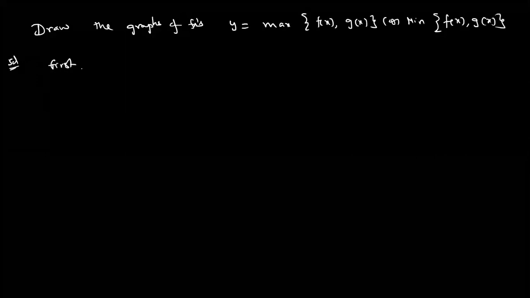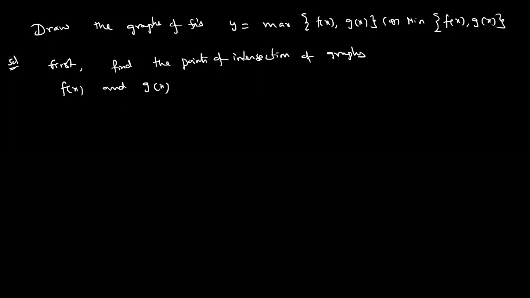First, find the points of intersection of graphs f of x and g of x. How to find? Put f of x equal to g of x. How to find the points of intersection? First, you should equate the functions.